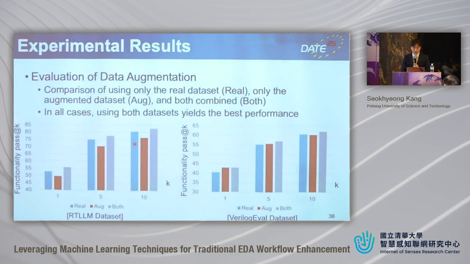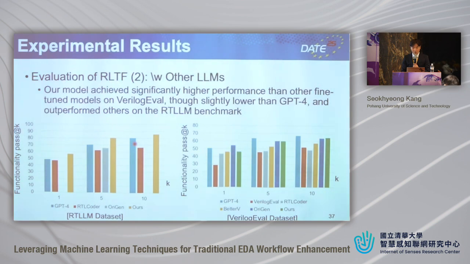And also, we compared with previous work, GPT-4, and our result was better than GPT-4, but the size of the LLM model is very huge. There is a very huge difference, right?